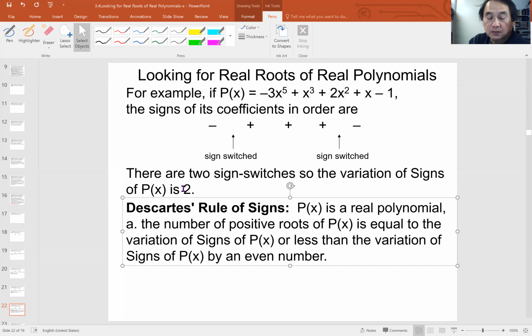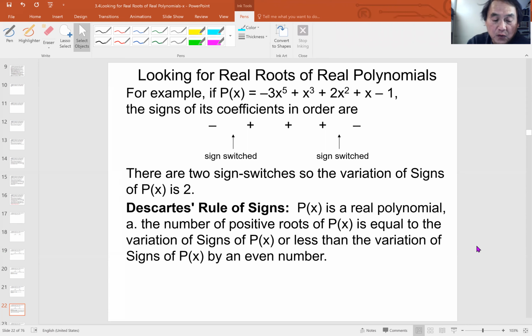So there could be 2 real positive roots, or it could be 0, less by an even number. Two less than 2 is 0. So it could be 2 positive roots or no positive roots.